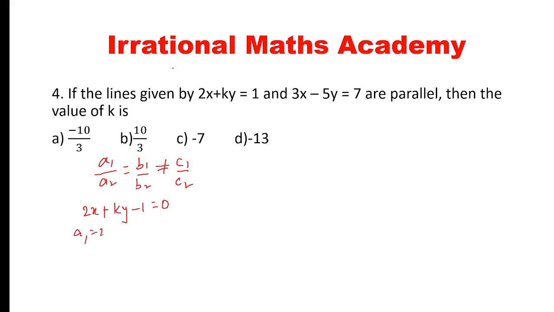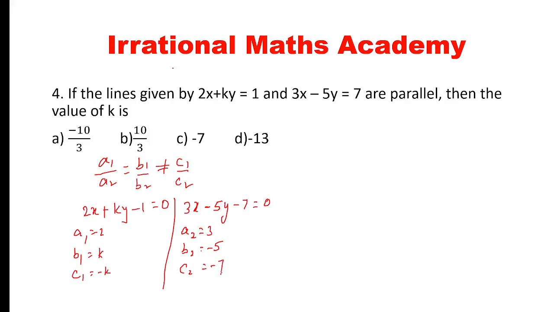So a1 equal to 2, b1 equal to k, and c1 equal to minus 1. Similarly, write the second equation in standard form, that is 3x minus 5y minus 7 equal to 0, a2 equal to 3, b2 equal to minus 5, and c2 equal to minus 7.